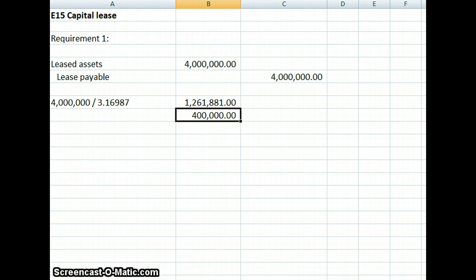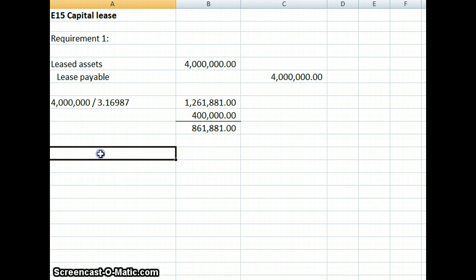So out of our first payment, 400,000 is going to be interest, and the balance of $861,881 would be the reduction of principal, and we would just go from there. So our principal balance would be $4 million minus that, and there we have it.